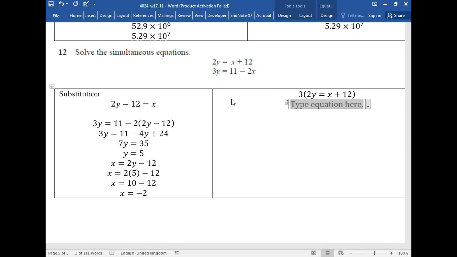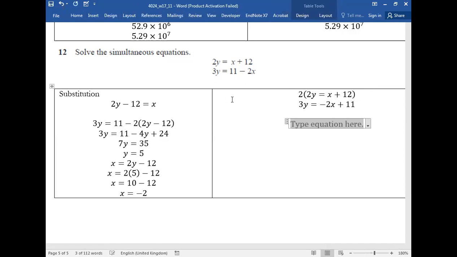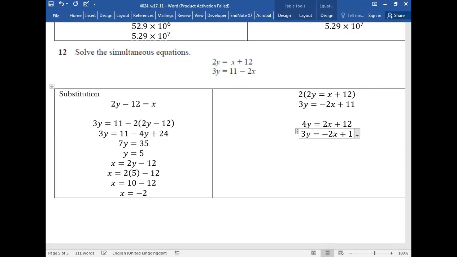X की कोफिशिएंट सेम करने, ओके, इसको मल्टीप्लाई बाय 2 कर लो. फाइन. इसका ऑलरेडी हुआ है 11 minus 2x. ओके, इसको मैं रीराइट करके minus 2x plus 11 लिख देता हूँ. दैट विल हेल्प यू. So the first equation becomes 4y is equals to 2x plus 12. 3y is equals to minus 2x plus 11.